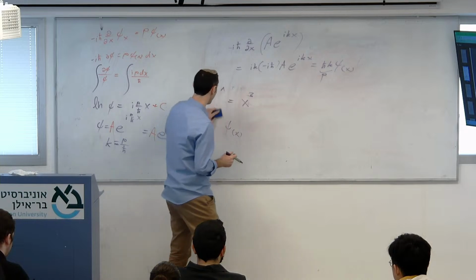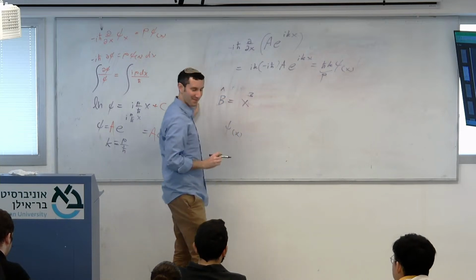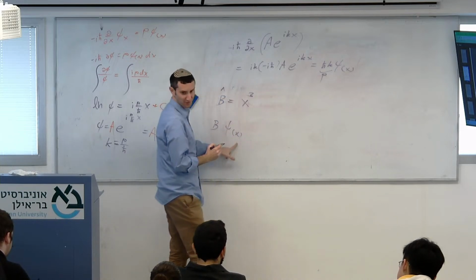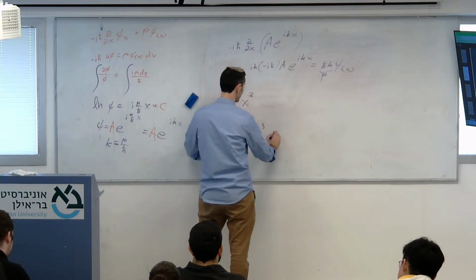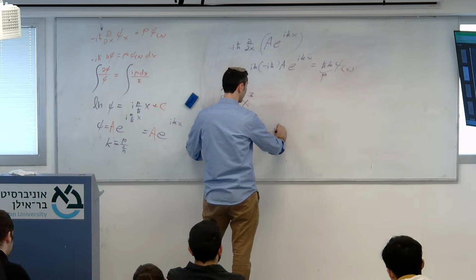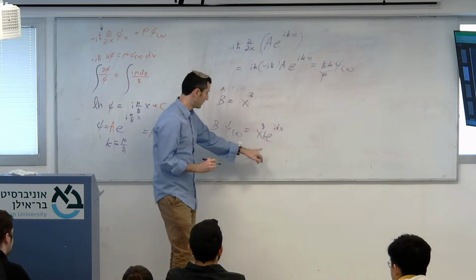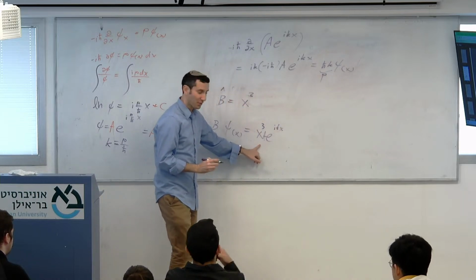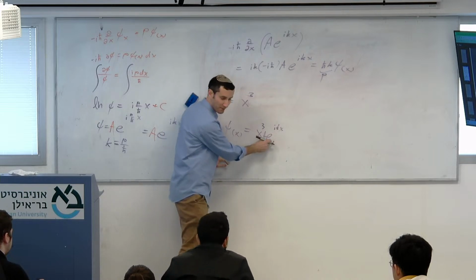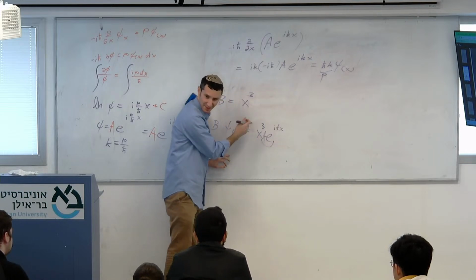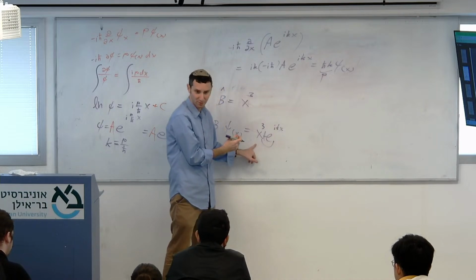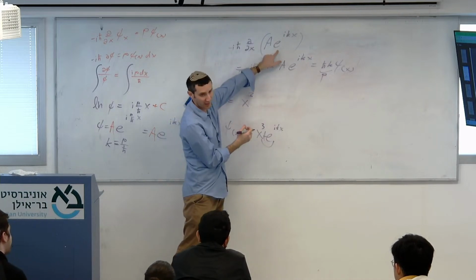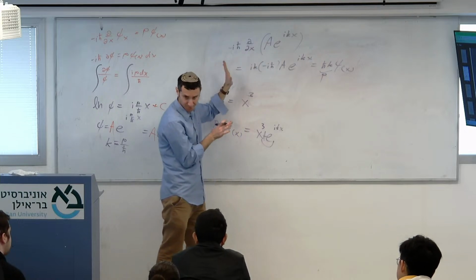Let's call it operator B. When operator B acts on phi, what I have here is x cubed times e to the ikx. Now this is not a constant, it's a function. It's not the same thing. So this is not an eigenfunction of this operator. This, however, is an eigenfunction of this operator.